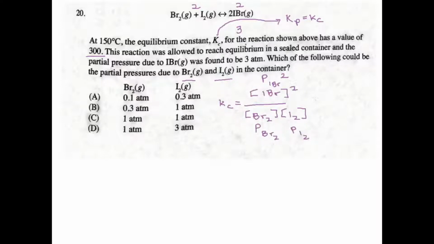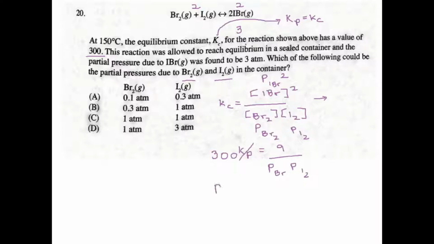Okay? So now what I can do is I can say, okay, my Kp equals 9 over your partial pressure of Br times your partial pressure of I. Since your Kp is 300, now I just have to do basic math. So the 2 partial pressures times 300 has to equal 9.